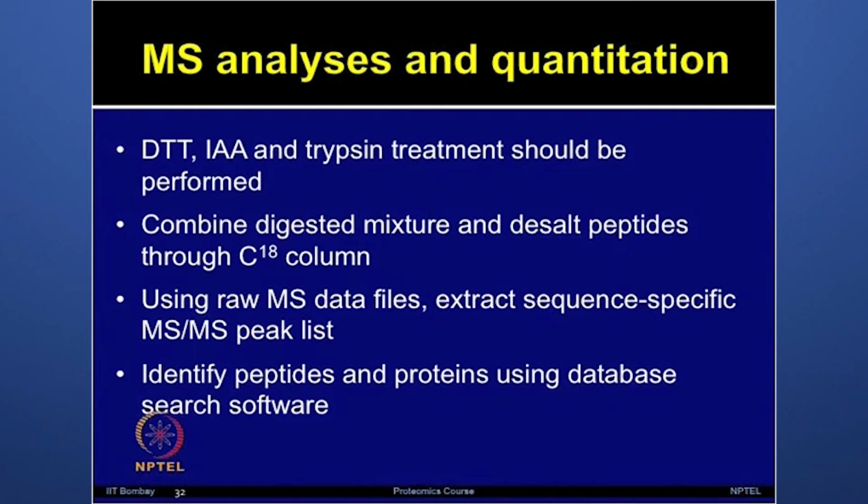These treatments should be performed, and then the combined digested mixture and desalted peptides can be further used. The desalting can be performed by using C18 columns. So, by using raw MS data files, extract the sequence specific MS/MS peak list, and then it can be used for the identification of peptides and proteins using various database searches.